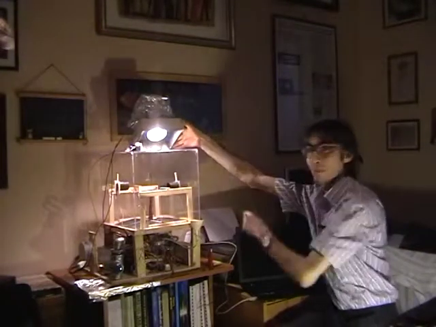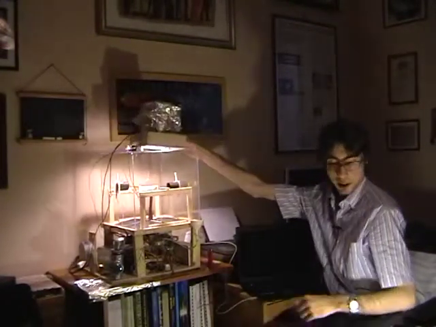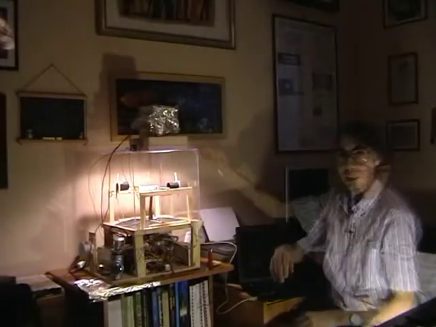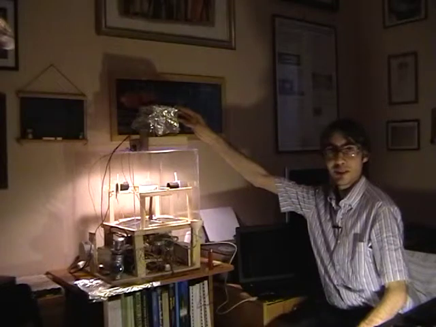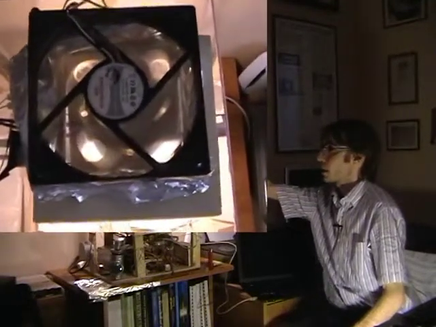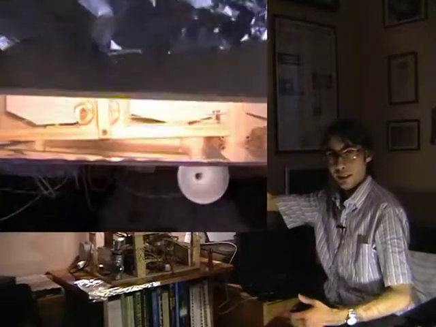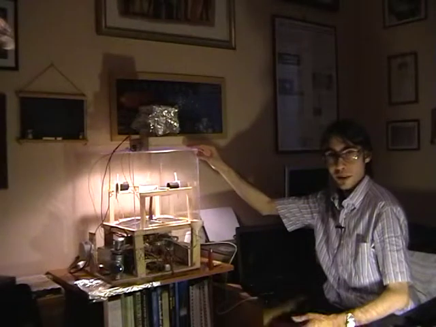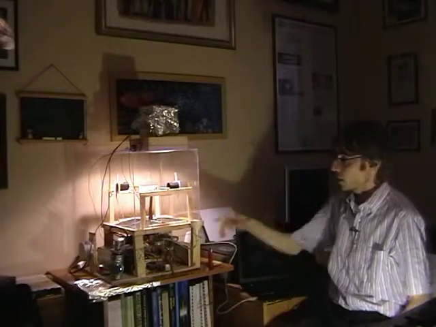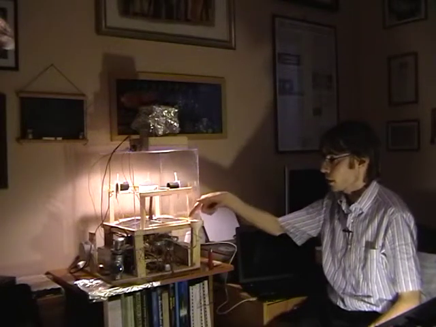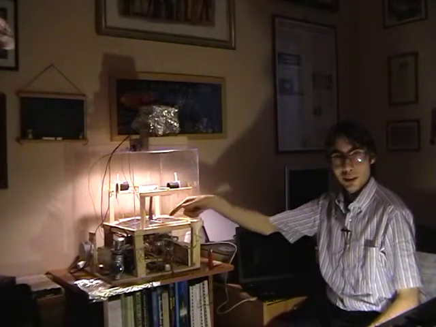This is the lamp that simulates the sunlight. A 12 centimeters fan cools the air near the lamp to protect the plexiglass case from overheating. In the bottom part of the plexiglass case there are two panels to change the albedo.